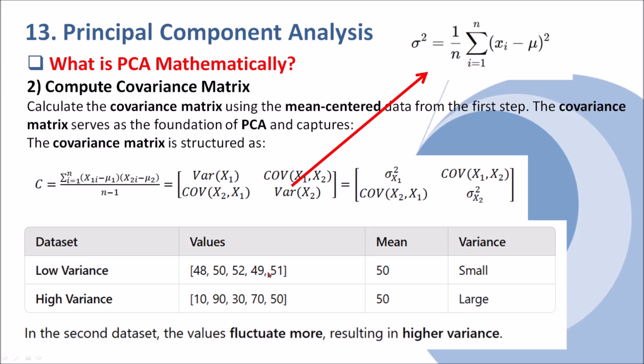In this case, the range is only from 48 to 51. We call it small variance. In this example, the values fluctuate more, resulting in higher variance.